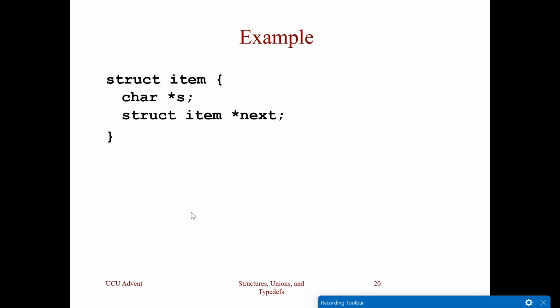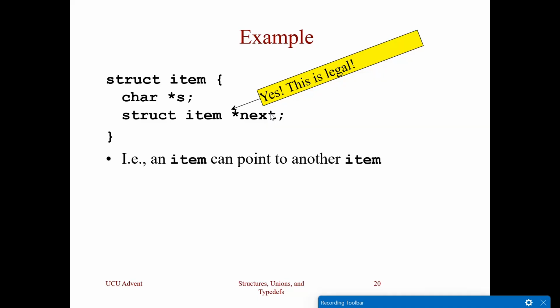An example: if you have a structure item and you have a pointer of type character s, then you can also have another structure item pointer next. That is legal if you're doing that.